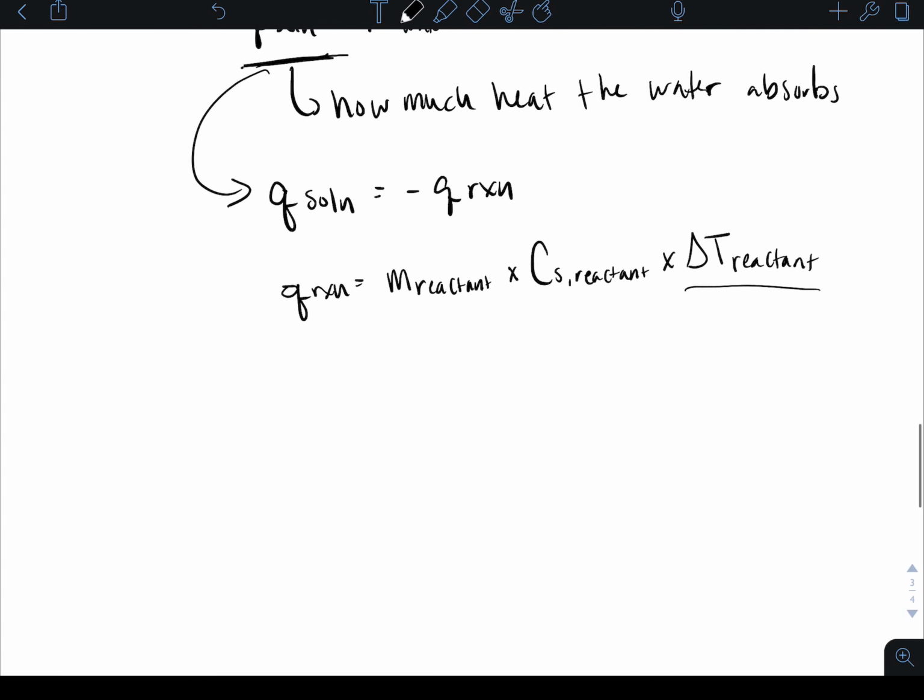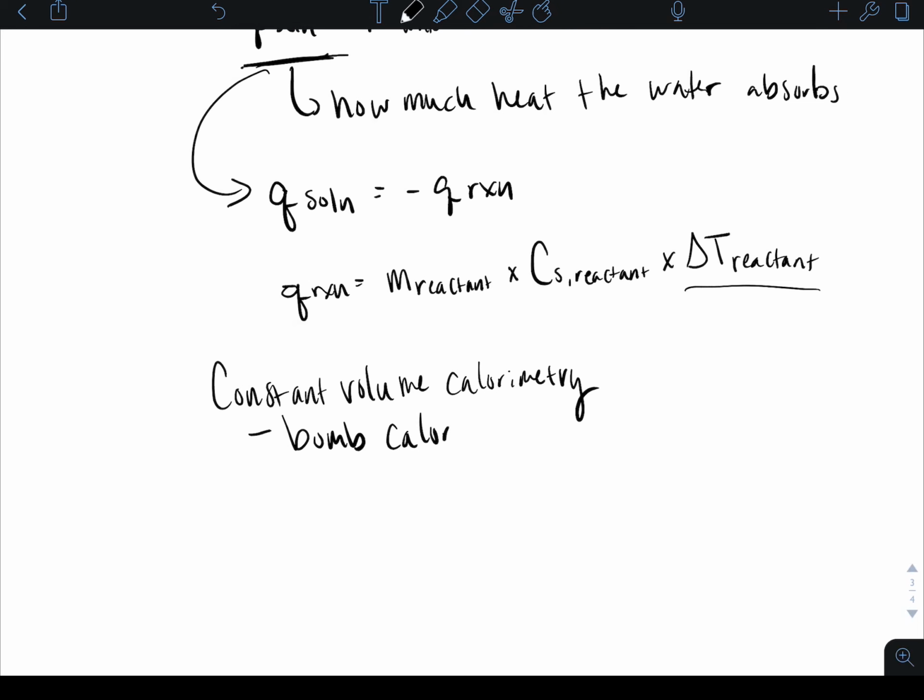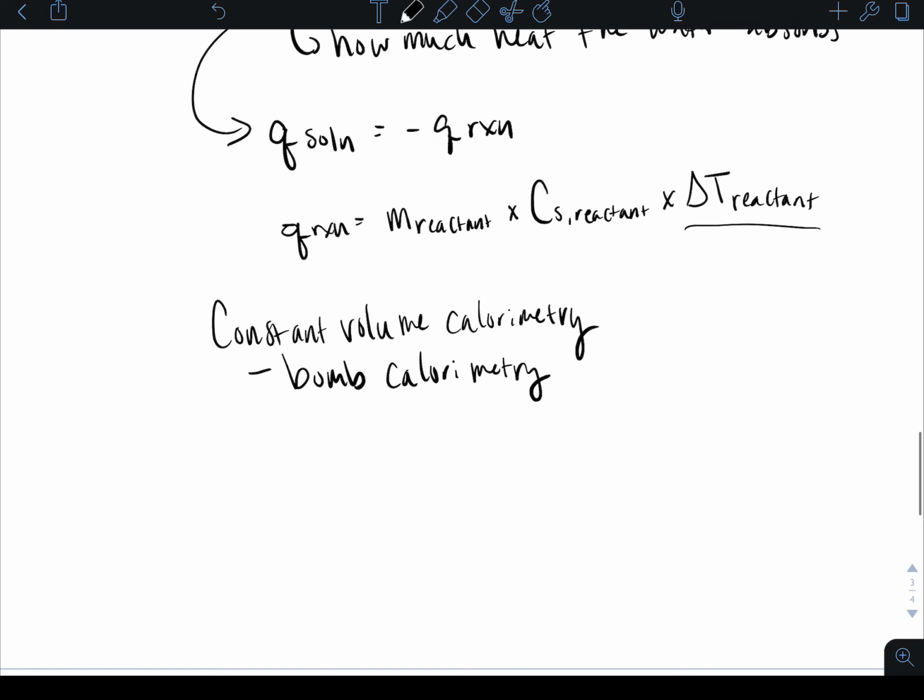We also have what's called constant volume calorimetry. And this is going to be what's called bomb calorimetry. And that's exactly what it is. It's a bomb.